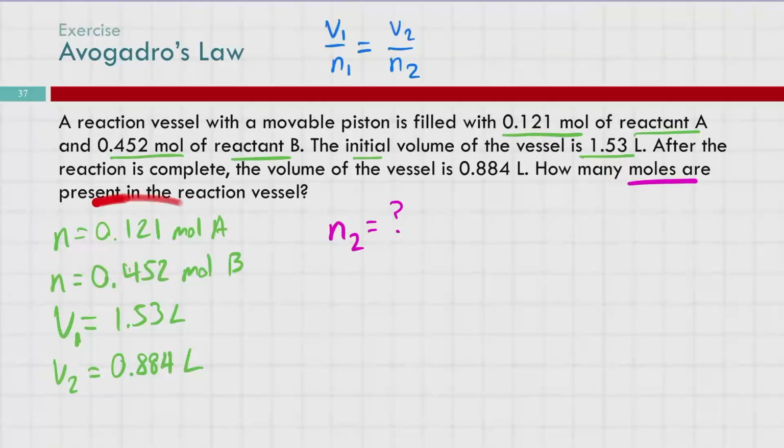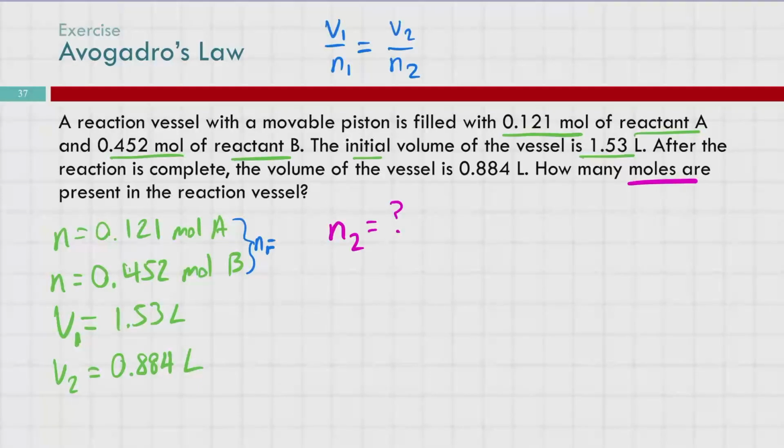So the N values that we were given, moles A, moles B, we do have to combine those together. A plus B, that's all of the gas that we were starting with. So together, that's our entire number of moles. The identity of the gas is not important because we're working under somewhat ideal conditions. We're just going to add those together.